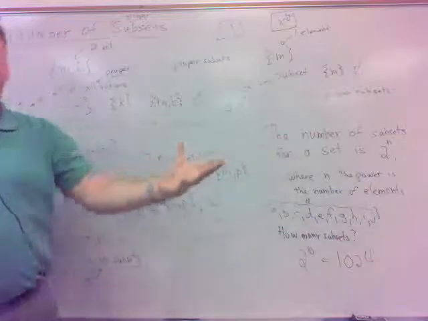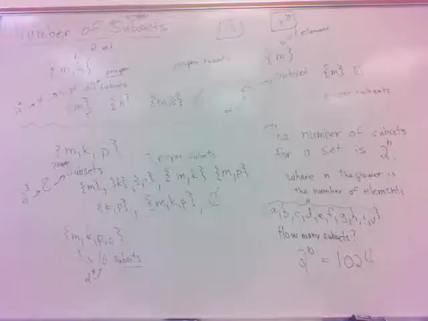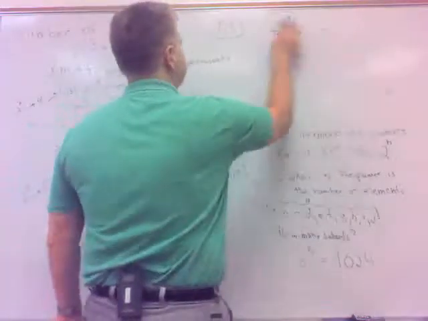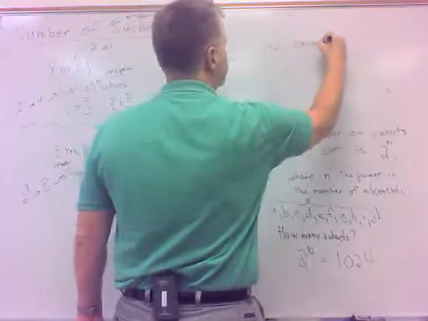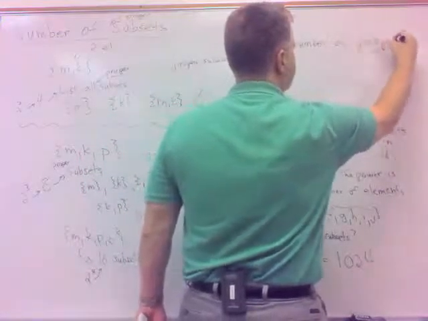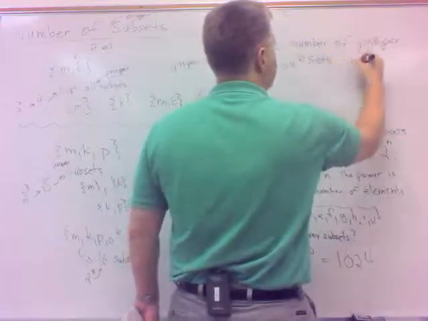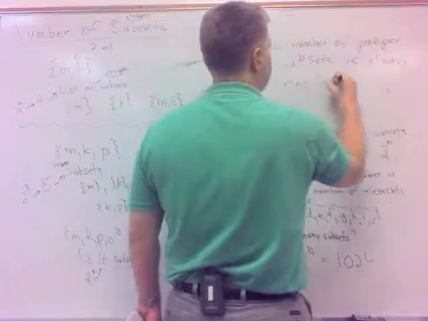The number of proper subsets is always 1 less than the number of subsets. That's the rule. The number of proper subsets is always 1 less than the number of subsets.